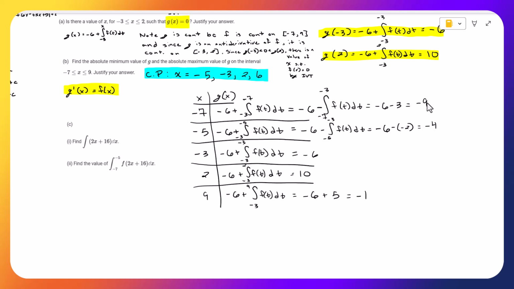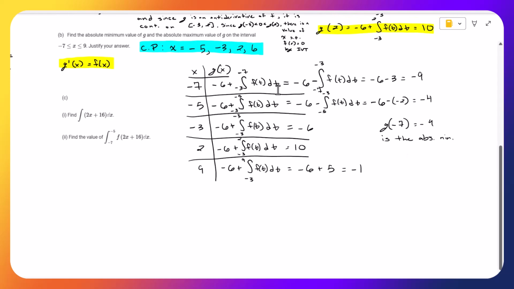And notice I'm abbreviating. Anytime you can abbreviate, abbreviate. And then what is our biggest number here? Well, our biggest number is 10. So g of 2 equals 10 is the absolute max.